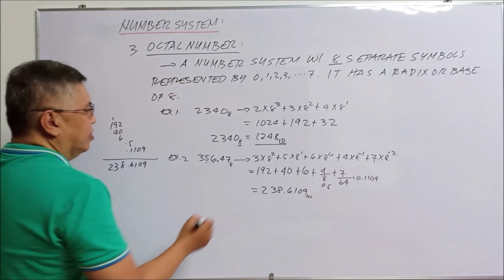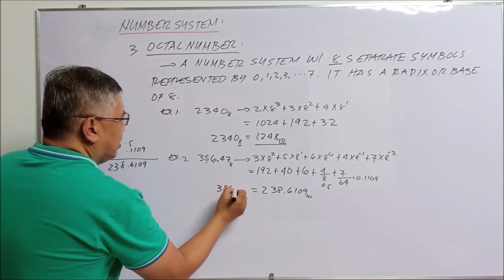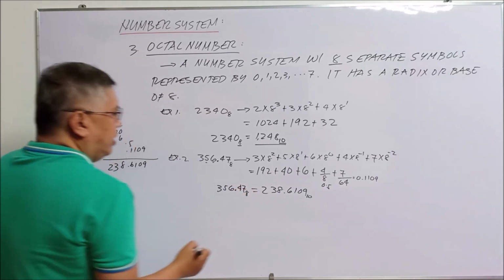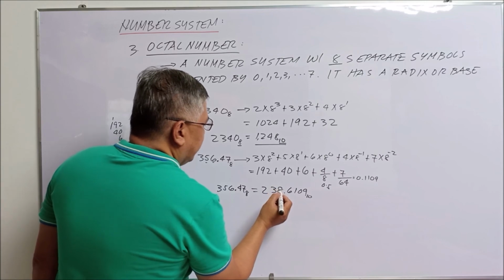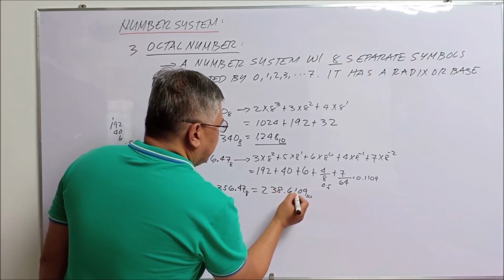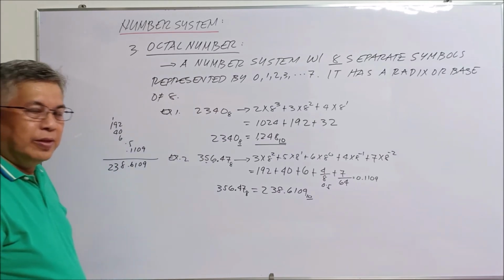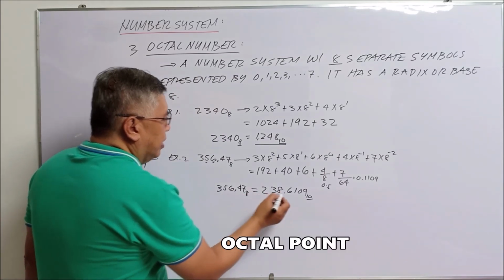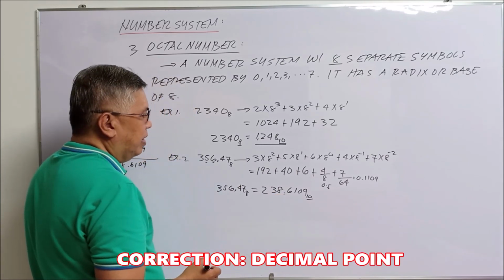So again, 356.47 of base 8 is equivalent to 238.6109 of base 10. Now again, this is called the octal point, and the one in hexadecimal is called the hexadecimal point.